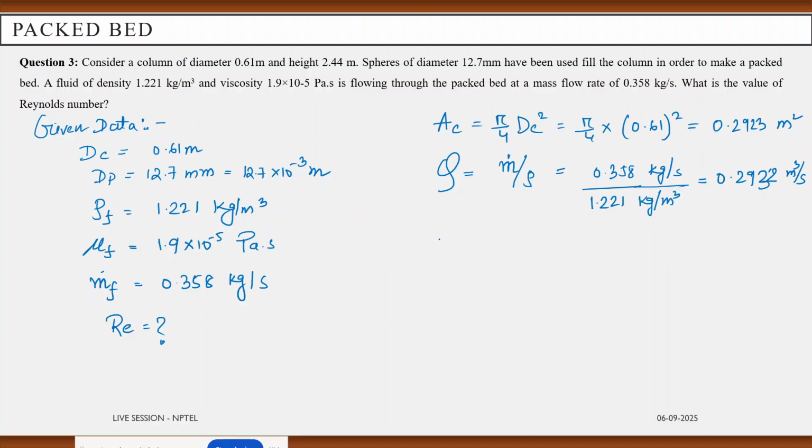From that you can calculate the velocity. If you know the velocity, then you can easily calculate the Reynolds number.